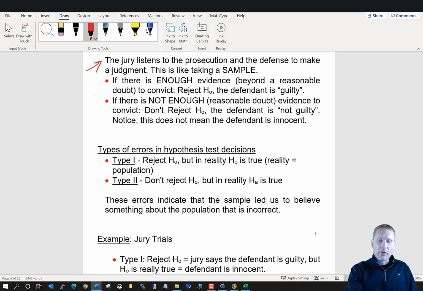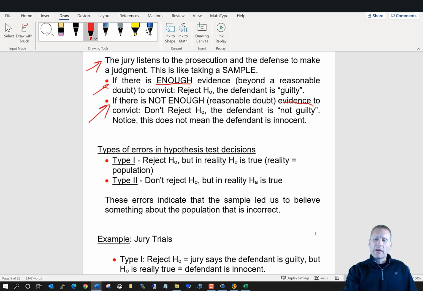Now, if there is enough evidence beyond a reasonable doubt to convict, then we would say reject H0, meaning the defendant is guilty. If, though, there is not enough evidence, there is some reasonable doubt, so there's not enough evidence to convict, don't reject H0. The defendant is not guilty.